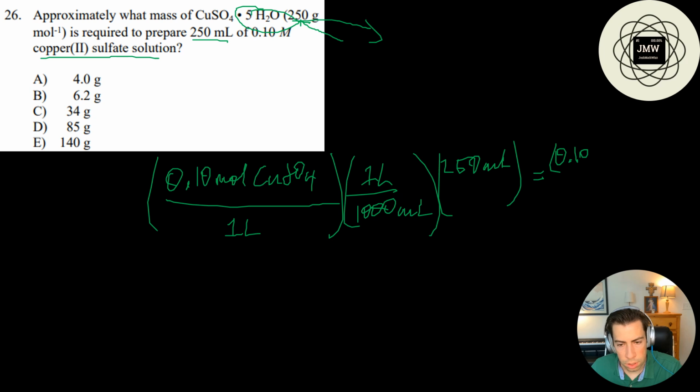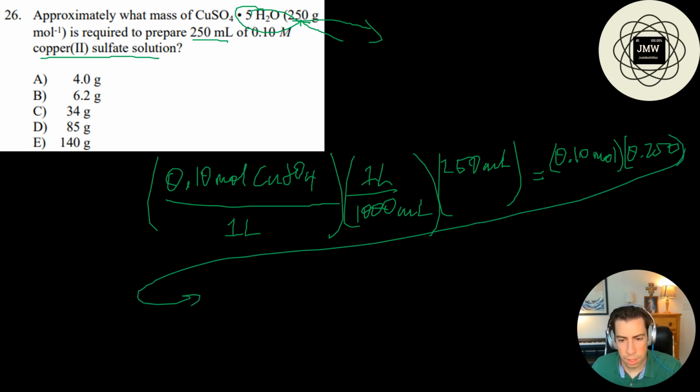It's going to be 0.10 moles multiplied by 0.250. And this is a fancy way of saying 1 over 10 moles multiplied by 250 over 1,000.